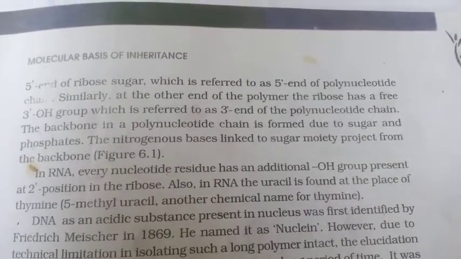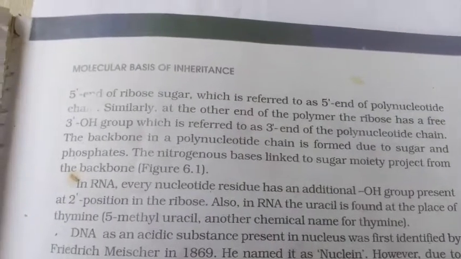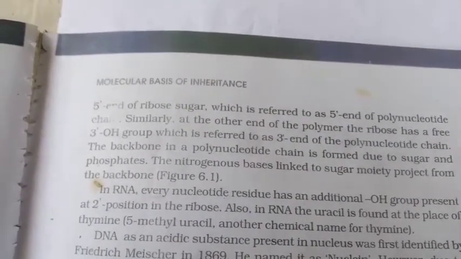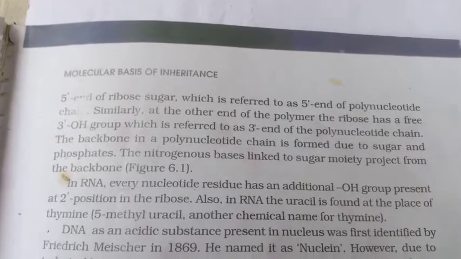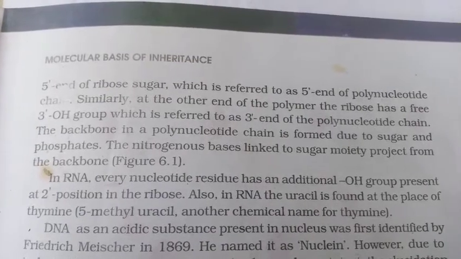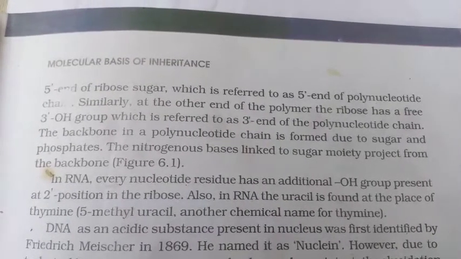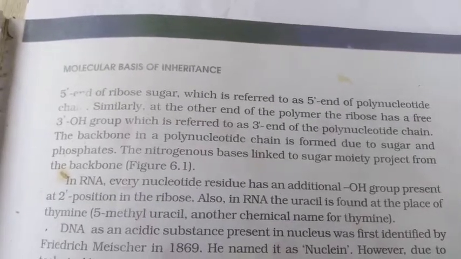DNA as an acidic substance present in the nucleus. DNA is acidic in nature. It is found in the nucleus of the cells, and it was first identified, as you already know, we have talked about this in the previous lecture, by Friedrich Miescher way back in 1869, and he named it nuclein.